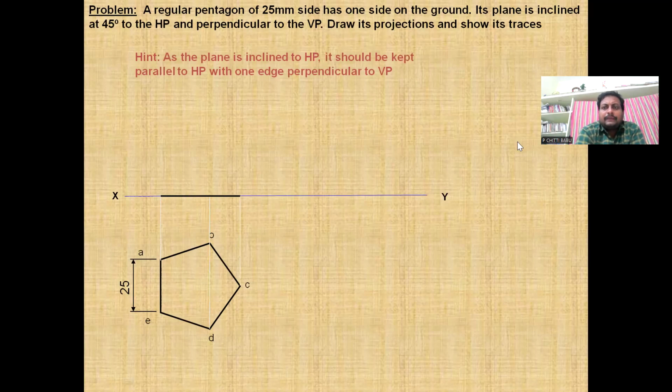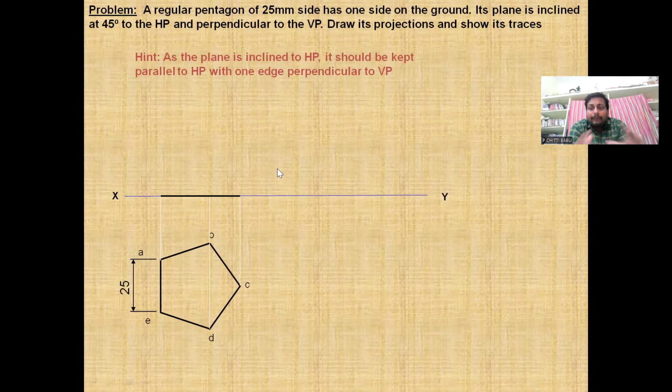Now its plane is inclined at 45 degrees to the HP. First we drew the regular pentagon of 25 mm side resting on HP. Now the plane is inclined at 45 degrees to the HP. So we simply incline this line in the vertical plane.